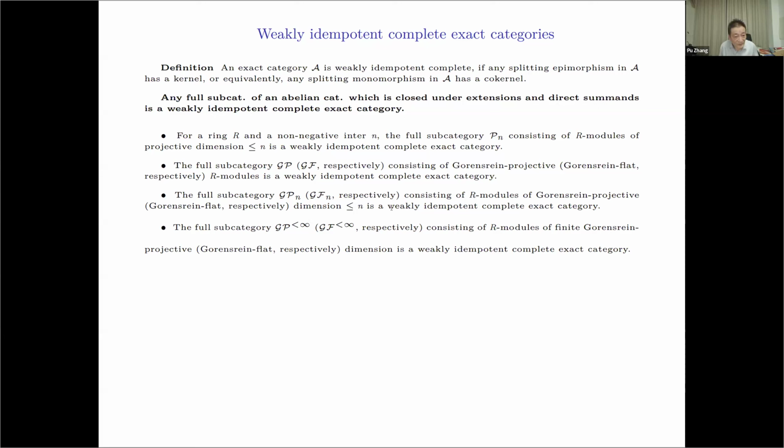For example, P_n, the modules of projective dimension not more than n, are weakly idempotent complete exact categories. The Gorenstein projective modules or Gorenstein flat modules are all weakly idempotent complete exact categories. Also GP_n and GF_n, meaning all the modules of Gorenstein projective dimension not more than n, are weakly idempotent complete exact categories.